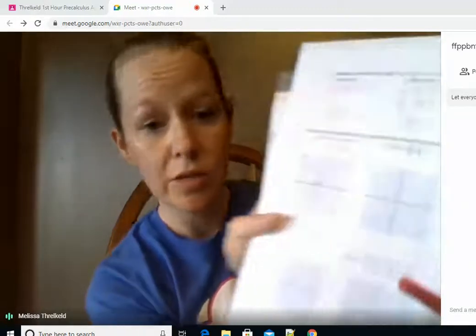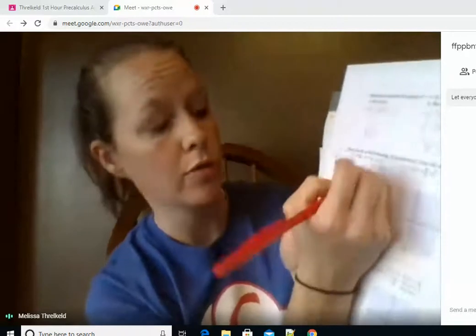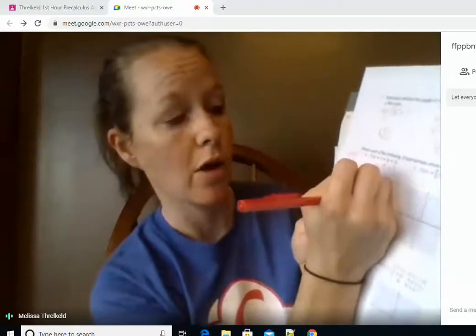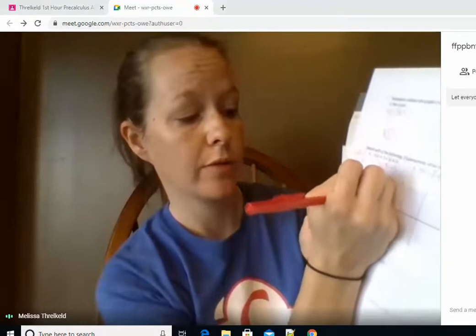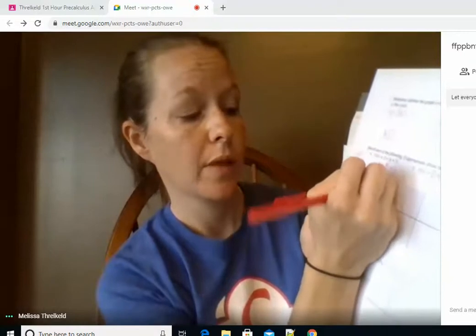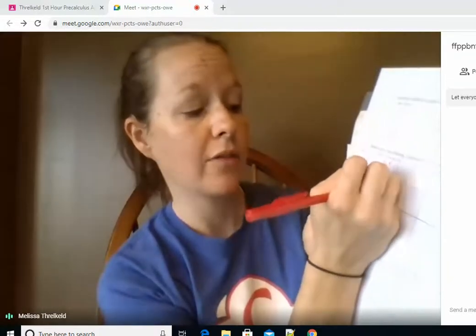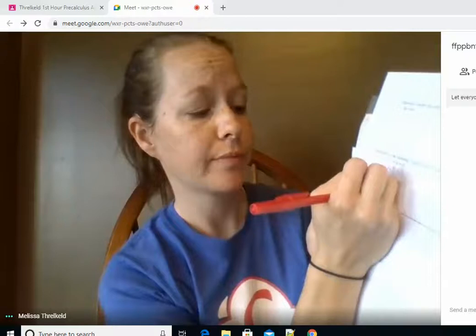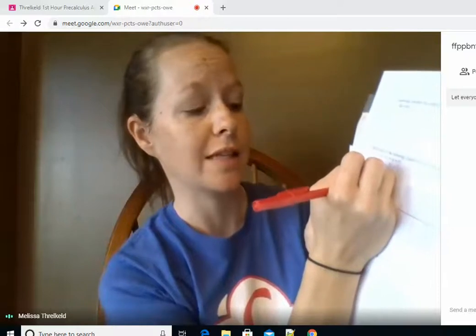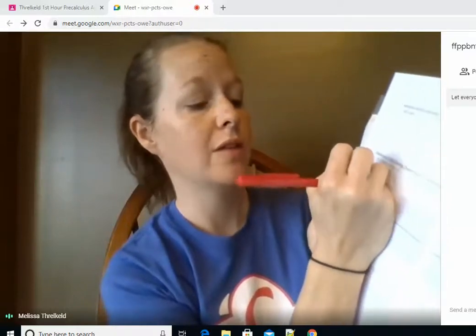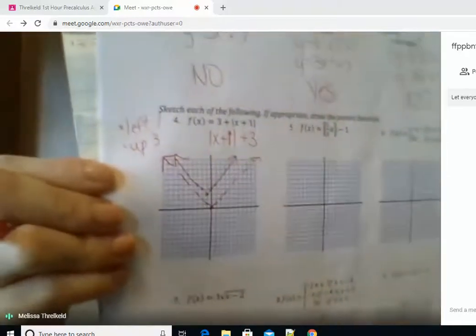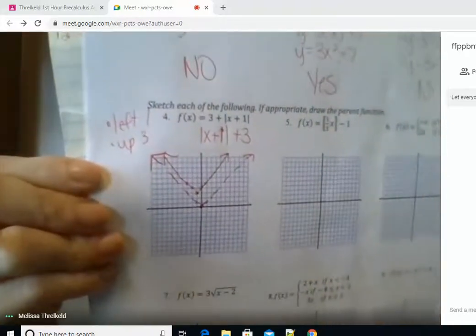Okay, so then you take each of your 3 points that you marked originally, and go left 1 and up 3 with those. Obviously, the graphing calculator is not going to give you those exact points, but you can definitely use that to check yourself at the end. Look at the graph on your calculator and make sure it matches up.